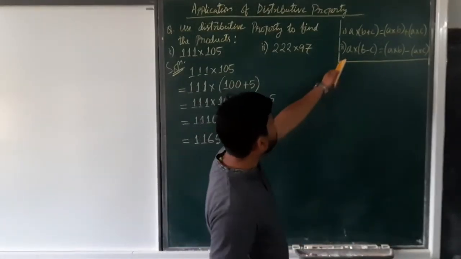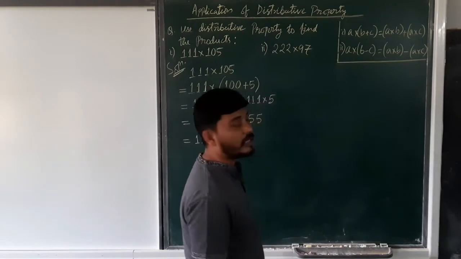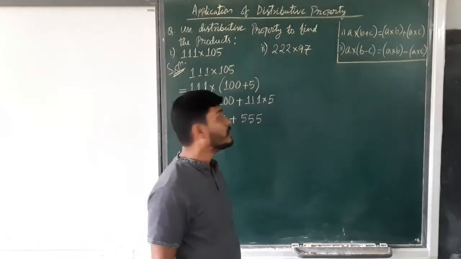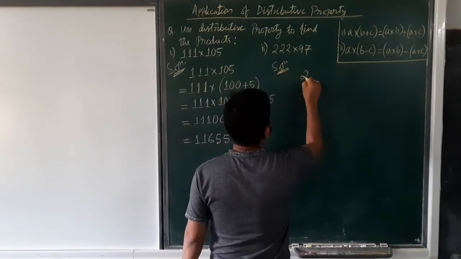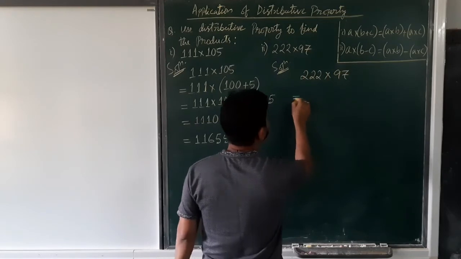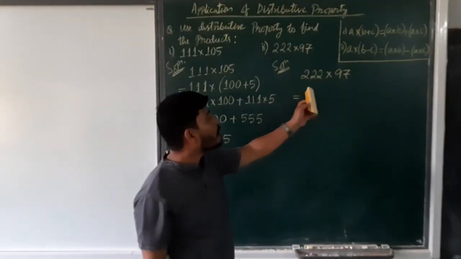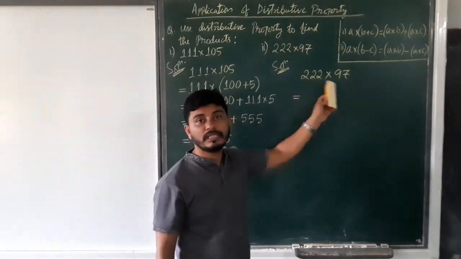Now let us see the use of distributive property of multiplication over subtraction through this example. Now as I said in the first sum, we have to find the third whole number from one of the numbers given.